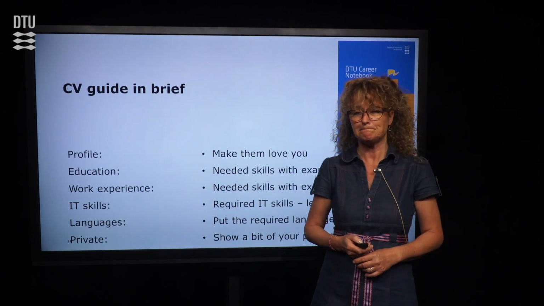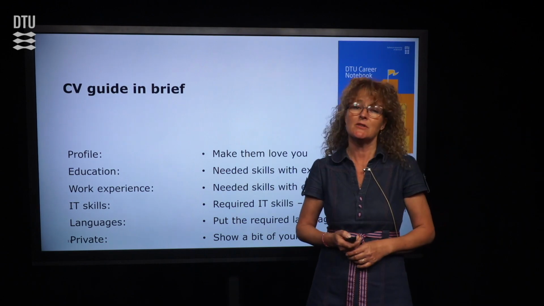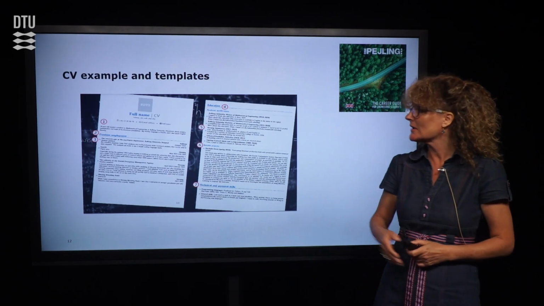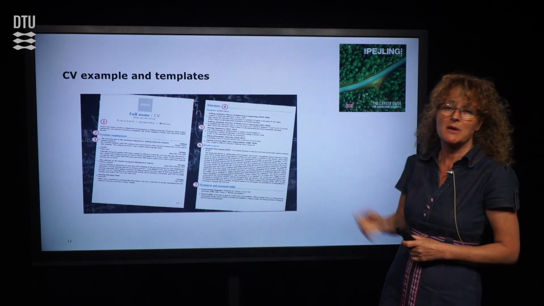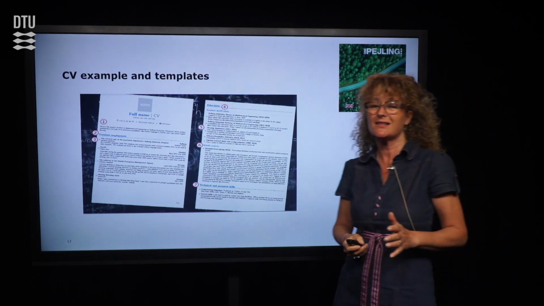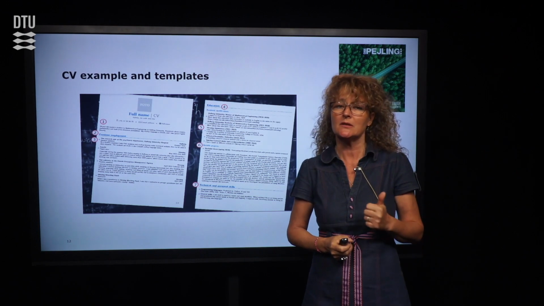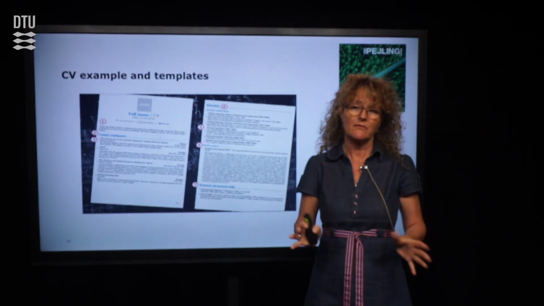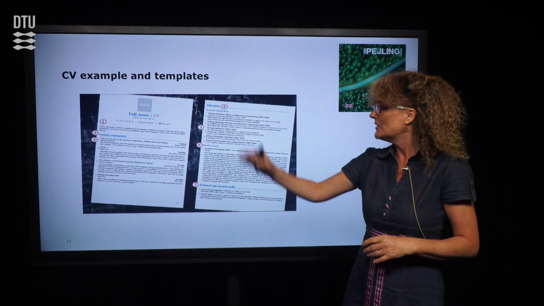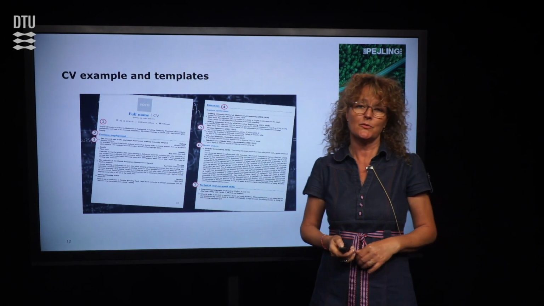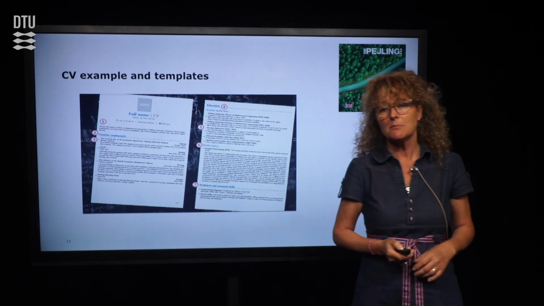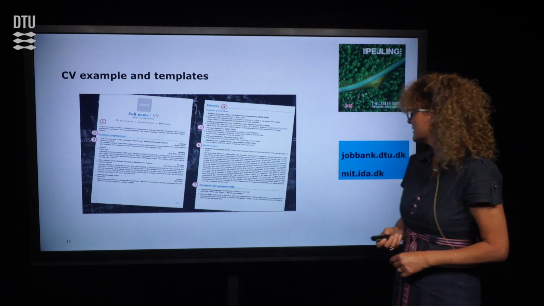That's a good idea. So this is the CV recipe. If you need some CV examples, I can recommend you to look in Piling. And I will quickly say that there's not just one way of doing these things. And I don't say that the ones in Piling are the best that we've ever seen. But here you get a general idea of what a CV looks like. And if you need a template, you also have the chance.